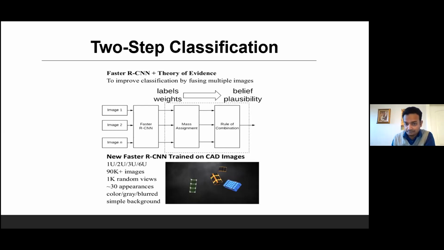So I made sufficient data. You can see I made more than 90,000 images with random views and 30 appearances, because textures matter when it comes to a computer vision problem, in my case.